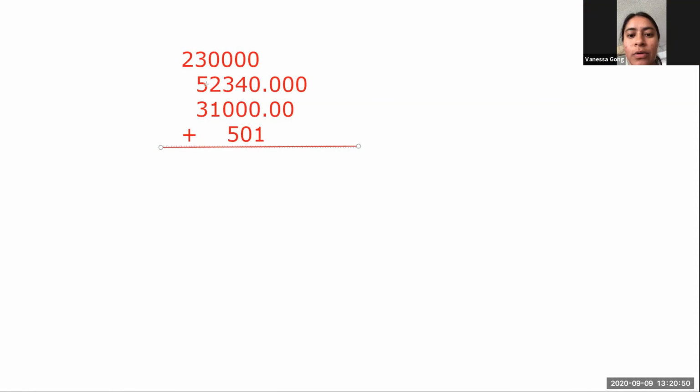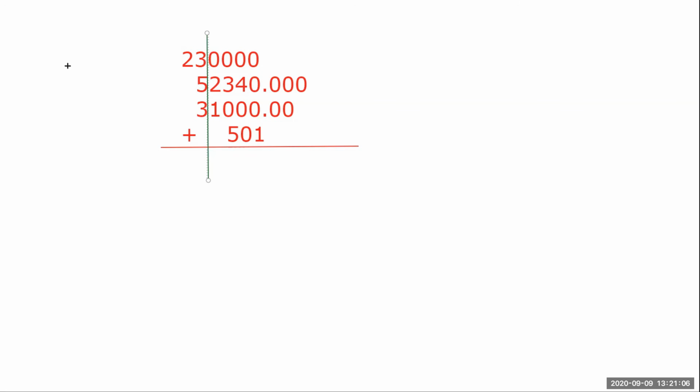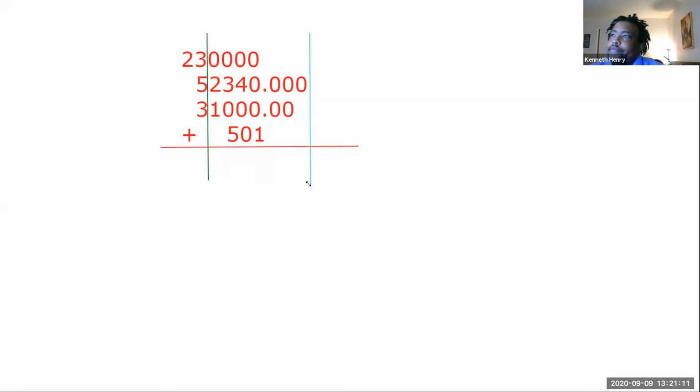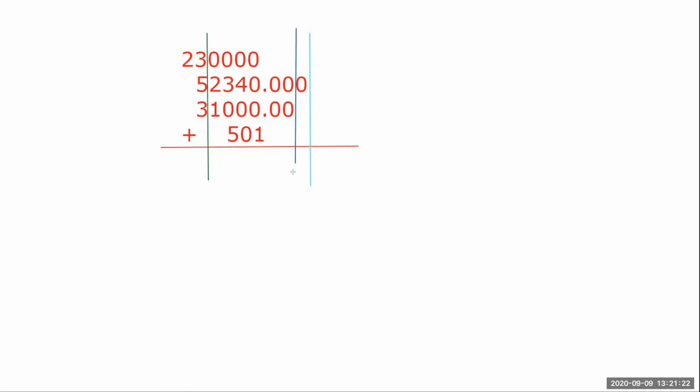Between the 3 and the 0. Okay, what about the next number? After the decimal with the 3 zeros. So right here. Yes. The next number? After the decimal with the 2 zeros. And the last number. After the 1.